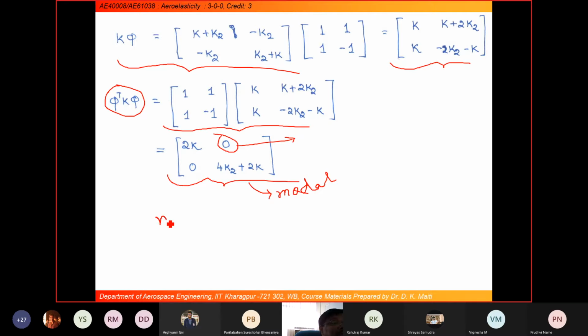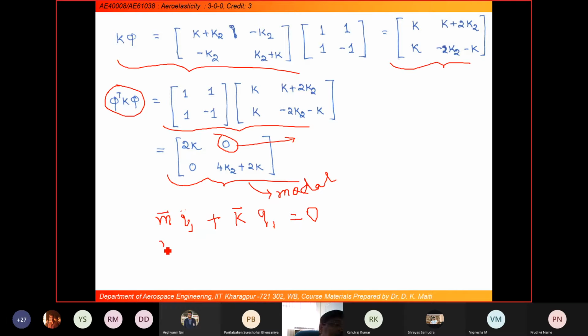If I write that, I will get m bar multiplied by q1 double dot plus k bar into q1, which will be equal to 0. This is the first modal equation.